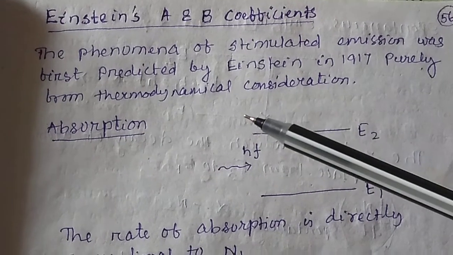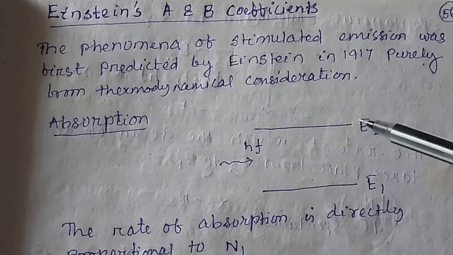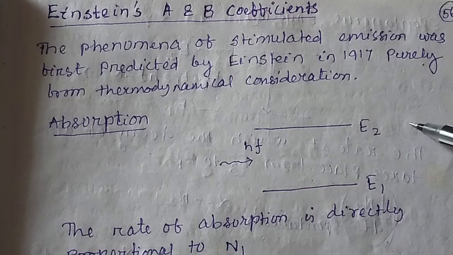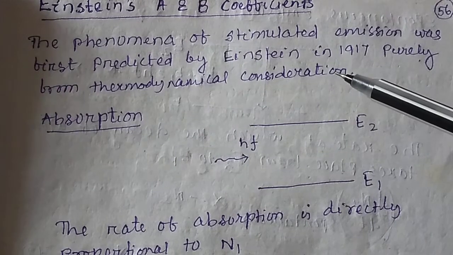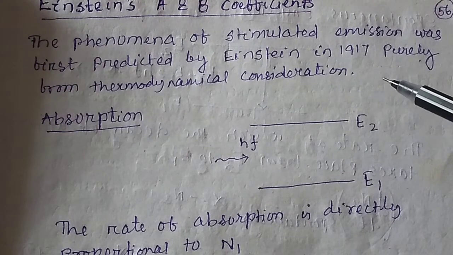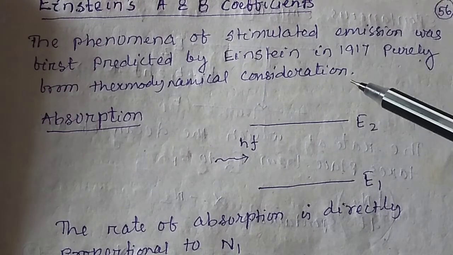We have discussed in the previous video in detail about absorption, spontaneous emission and stimulated emission. The phenomenon of stimulated emission was first predicted by Einstein in 1917 purely from thermodynamical considerations.